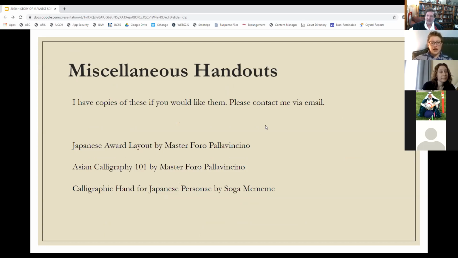This last handout, I'm kind of wishy-washy about it because it's for faux hand. I personally don't like faux hand. I feel like it's insulting to the language. That's just me, that's a personal opinion.